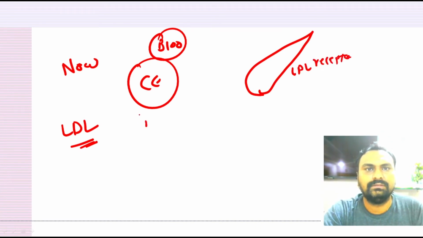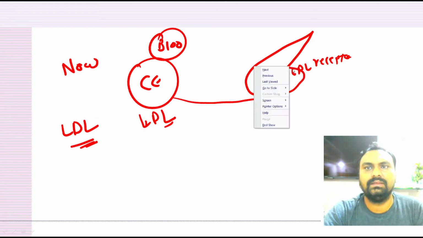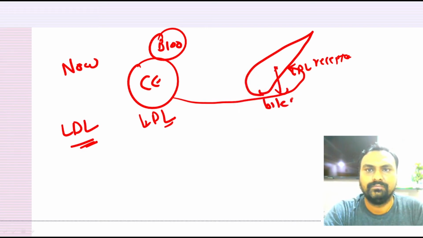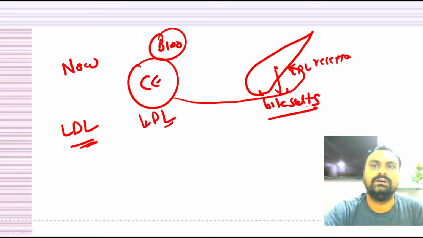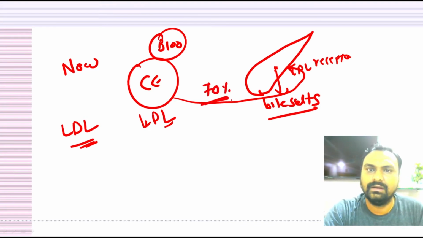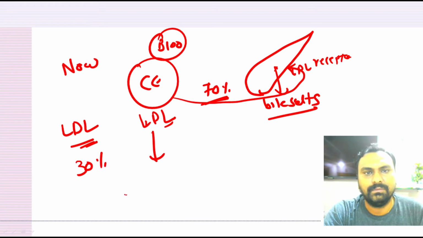So this LDL will be taken up by the LDL receptor and endocytosed, which will provide cholesterol, and cholesterol will be converted to bile salts for the digestion of the lipids. So 70% of the LDL will go to the liver and be utilized, while 30% of the LDL will be taken up by the peripheral tissue.